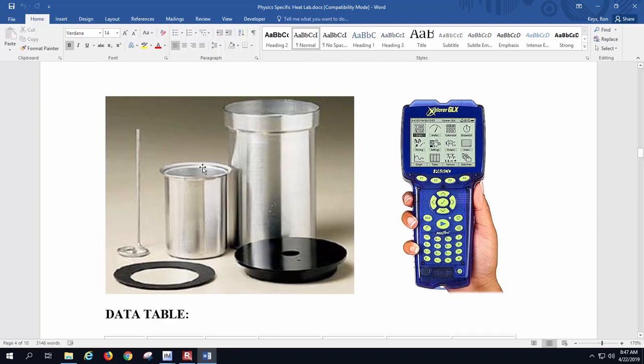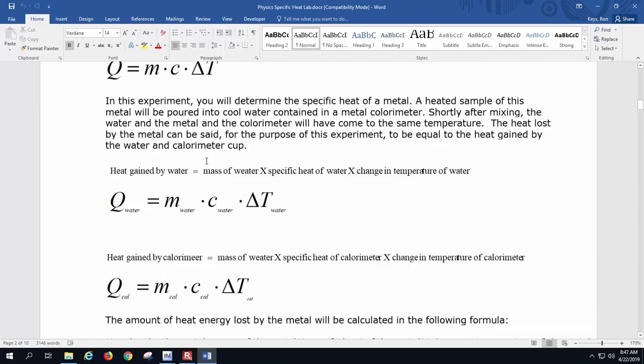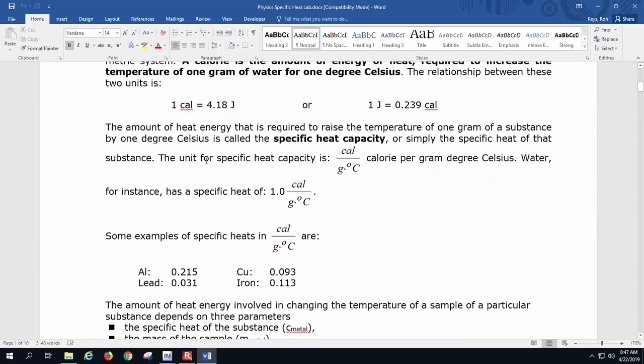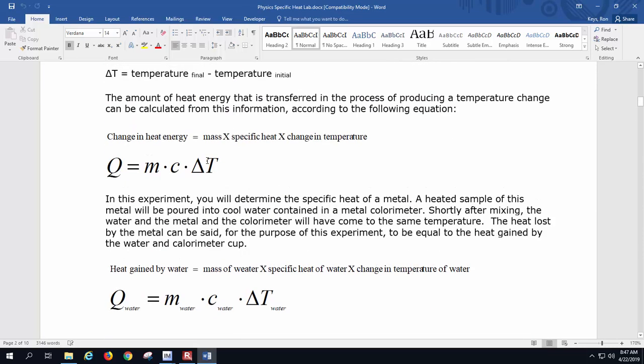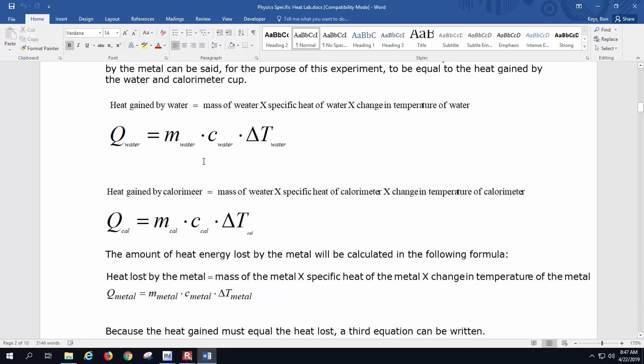So when you dump your metal in here, again, you're going to heat up the water in here, and you're going to heat up this aluminum. We're going to keep this stirrer out. We can just swirl it. So there's two things it's going to heat up. So if I go into my equations here, this is our water.